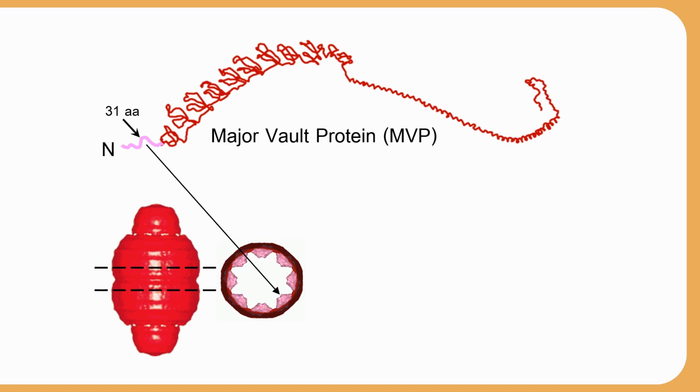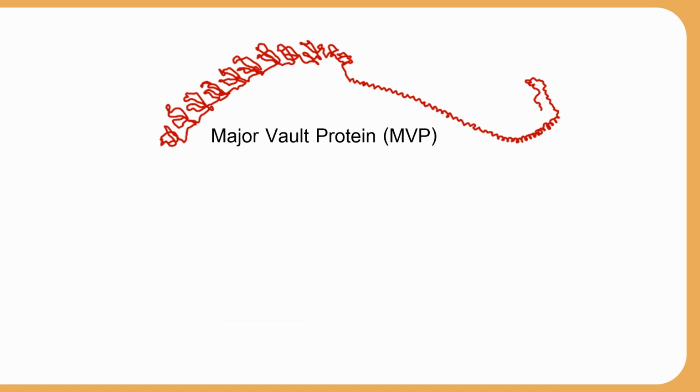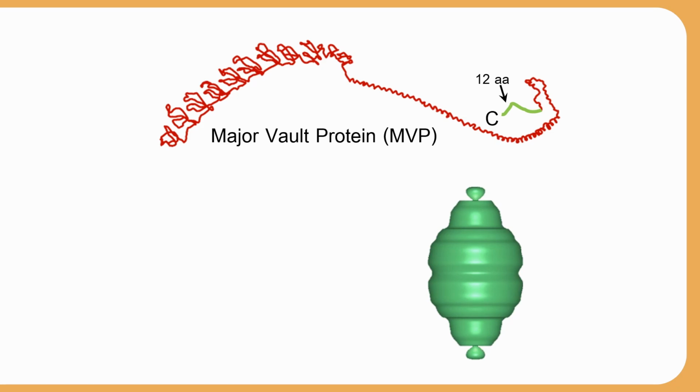We also made a vault from an MVP that had 12 amino acids added to the C-terminal end, illustrated by the green squiggle. A cryo-EM structure of this vault showed 2 blobs of extra density, one on each end of the vault. This allowed us to explain all of our difference mapping and tag data.